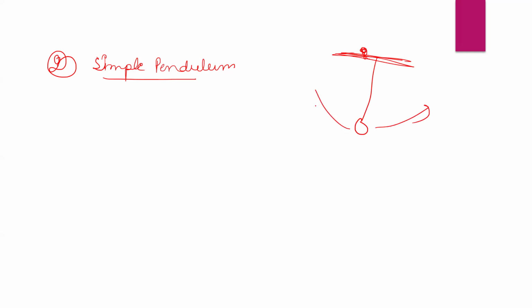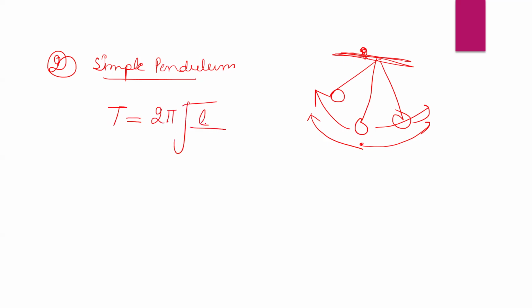It oscillates from its mean position to some height and then comes back. In this case we have the formula for the time period of the simple pendulum. It is 2 pi root of length of pendulum upon g. From this formula we come to know that the time period of a simple pendulum does not depend on its mass. So it is mass independent.